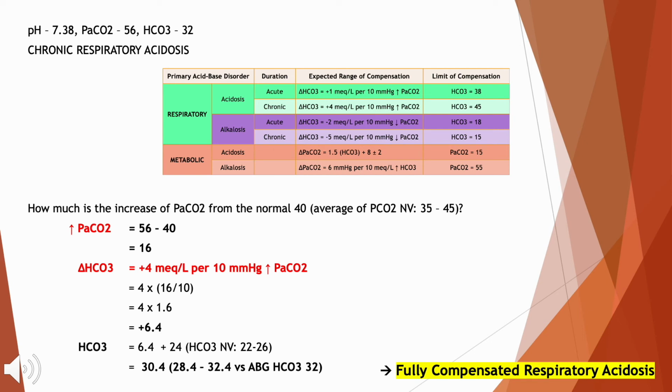Adequate meaning it was able to bring the pH back to its normal level. So this ABG is a fully compensated respiratory acidosis, or in other words, a chronic respiratory acidosis with adequate and appropriate renal compensatory response.